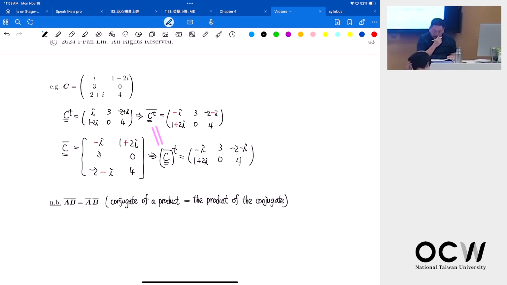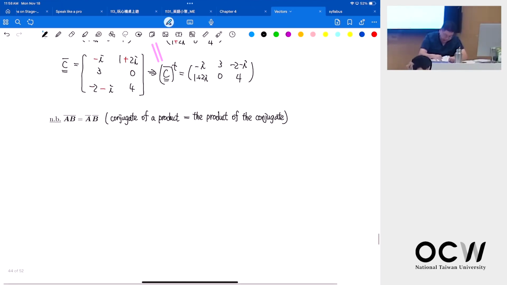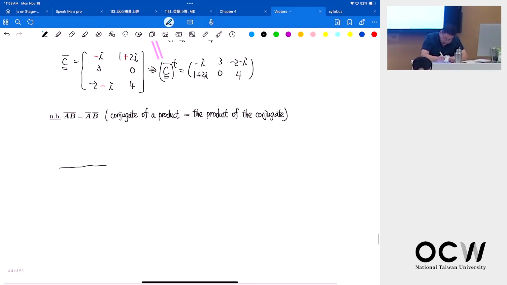What does conjugation or conjugate mean? If we draw a coordinate plane, here is (a, b). This means a plus bi.